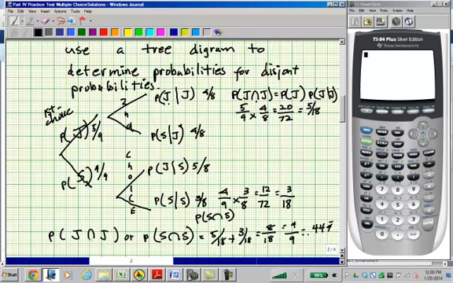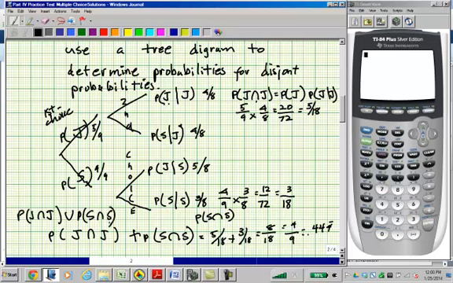So you're going to add them together. You're going to take the probability of junior and junior plus the probability of senior and senior.